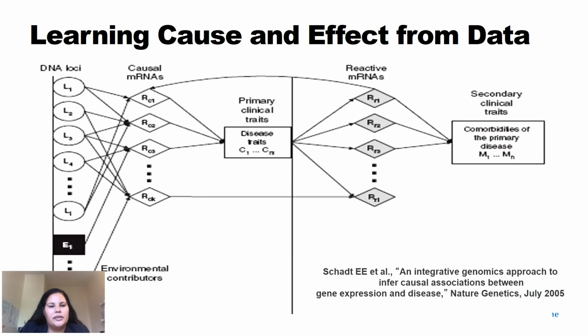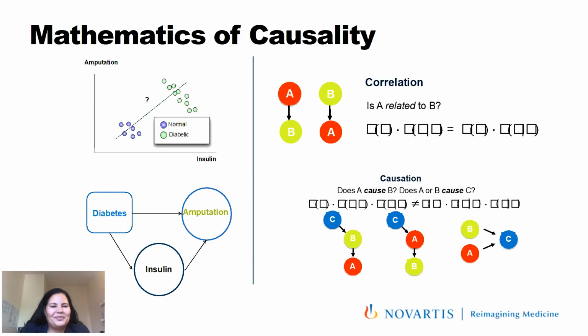What is the process and system that gave rise to the data? And so through causal learning and graphical causal learning methods, we can take these data sets and start to learn, given a set of inputs that are modulating the response in the system, how does that lead to a potential causal network that we could learn and predict that would tell us how it's influencing the outcomes that we care about, and whether those nodes that we're measuring are causal for the outcome or reactive to the outcome. If we go to the next slide.